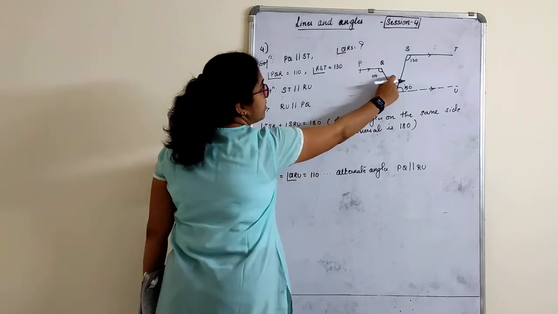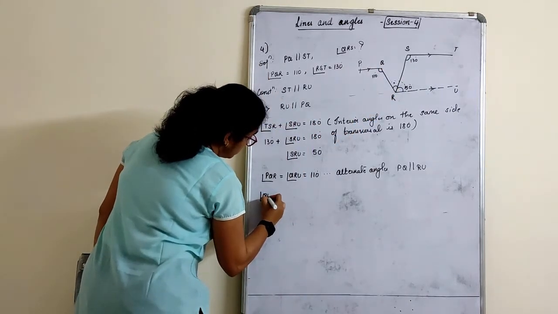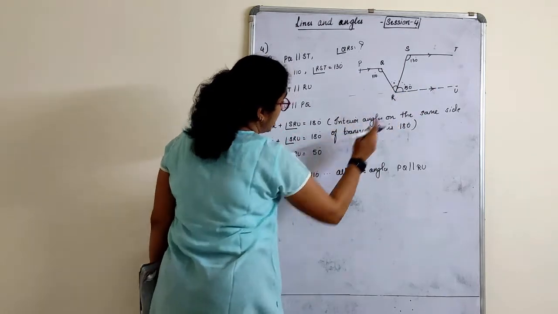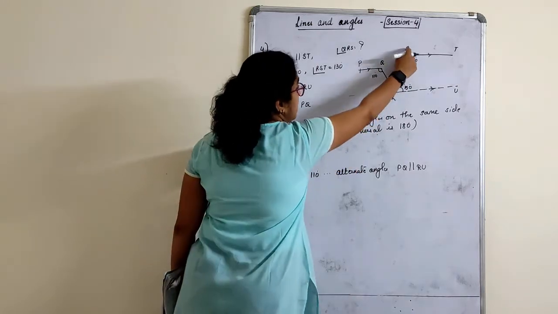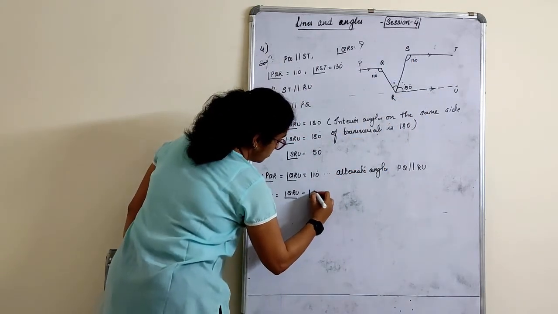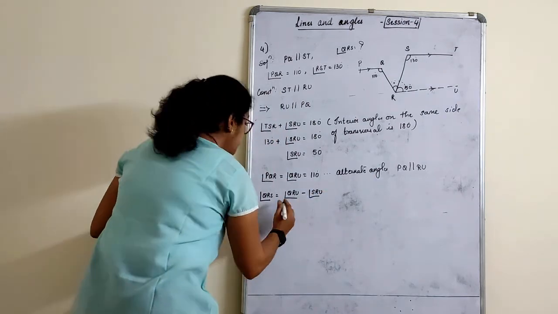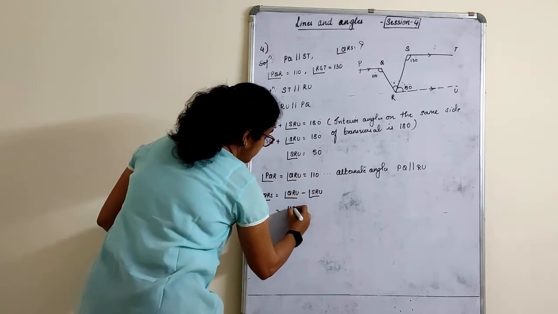Next, now I want this unknown part, right? Angle QRS is equal to whole angle QRU minus angle SRU. QRU is how much? 110.